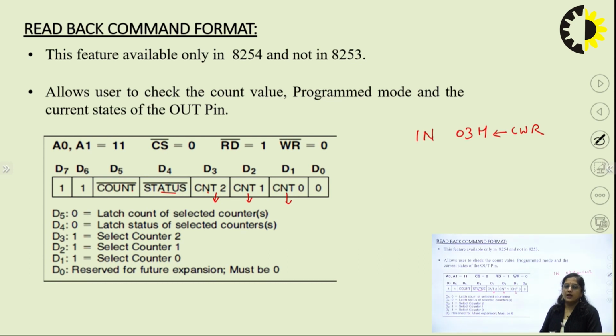If we have to latch counter 2, then the D3 bit will be high, and the D0 bit is not used, it is 0. If we have to read the count value, then the count bit will be 0, and if we have to read the status, that is, which mode it is programmed in, then the status bit will be 0, and we will read the value of that particular counter.